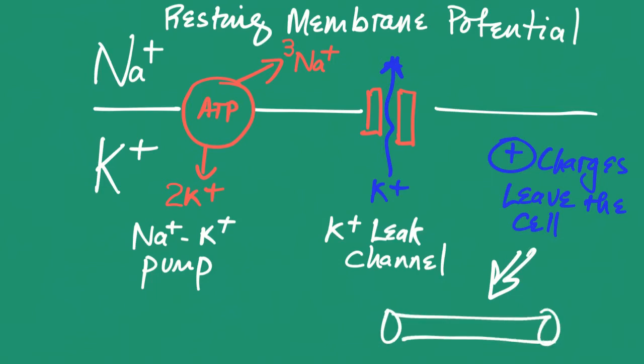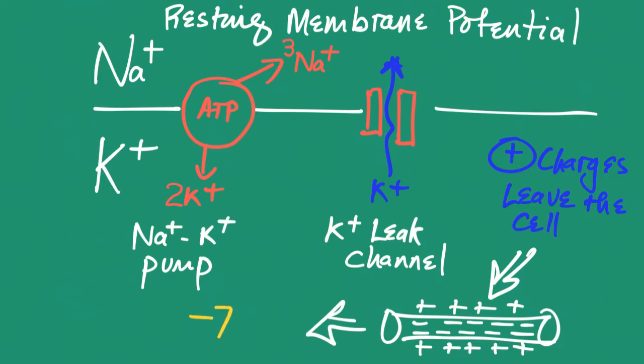When you put a voltmeter and measure the voltage inside the axon when the neuron is at rest, the membrane potential ends up being minus 70 millivolts because the inside is far more negative than the outside. Because the inside is negative compared to the outside, we say that the membrane is polarized when the neuron is at rest.